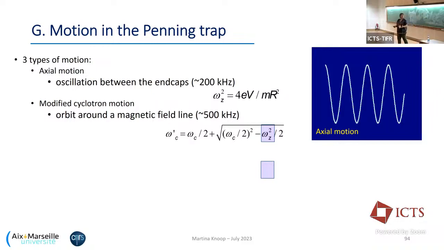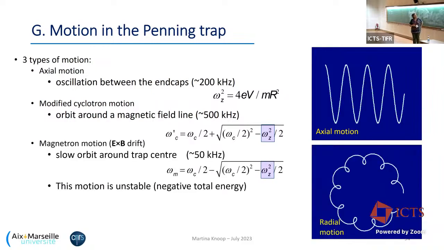So what you find in that modified cyclotron motion, which is more or less the orbit around the magnetic field line, is a certain contribution due to that axial motion, okay? So you will find this in this modified cyclotron motion.